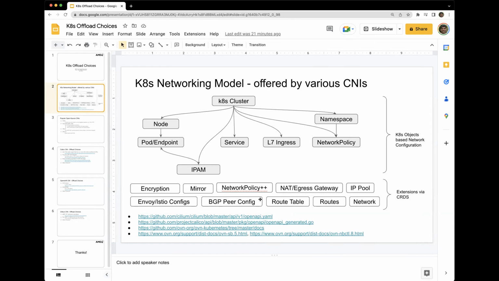And this is different for different CNIs. I'm not saying one is better than the other. It's just that they have different ways of doing these things. Some expose BGP as a way to do routing. Some expose plain simple route tables. Some expose network as a first-class object. Some say that is not the responsibility of the thing.